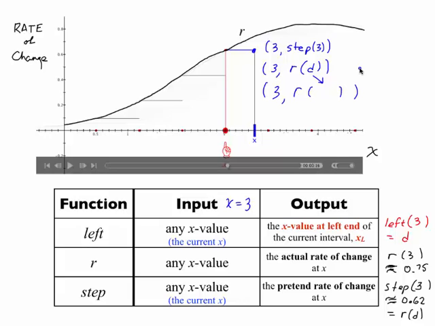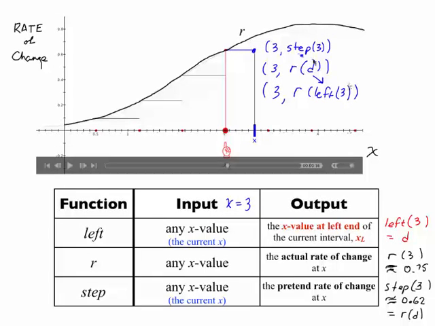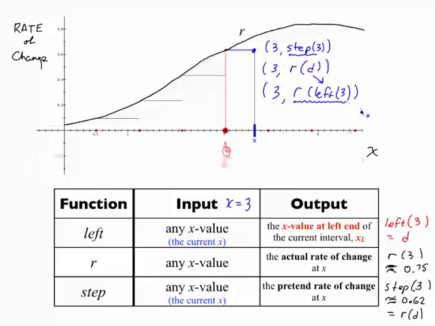So D is the same as left of 3. If I didn't put any values there, you can't write D anymore. So our D is left of 3. Nice. So in the end, step of 3 equals what? R of left of 3.